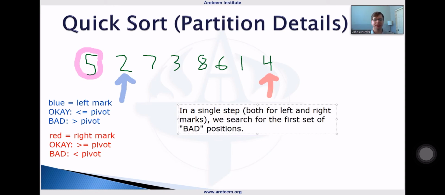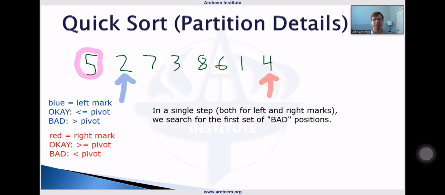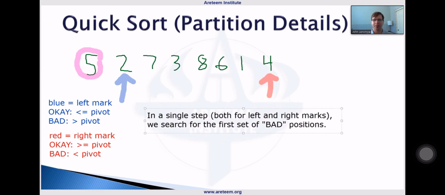We search for the first set of bad positions, the first places where something is going wrong. So is the 2 okay? The 2 is fine, so we move on. Is the 7 okay? No. So in our first step, this one was okay, this one was bad. Is the 4 okay? Well, immediately the 4 is not okay. So now we have our first set of bad positions here.